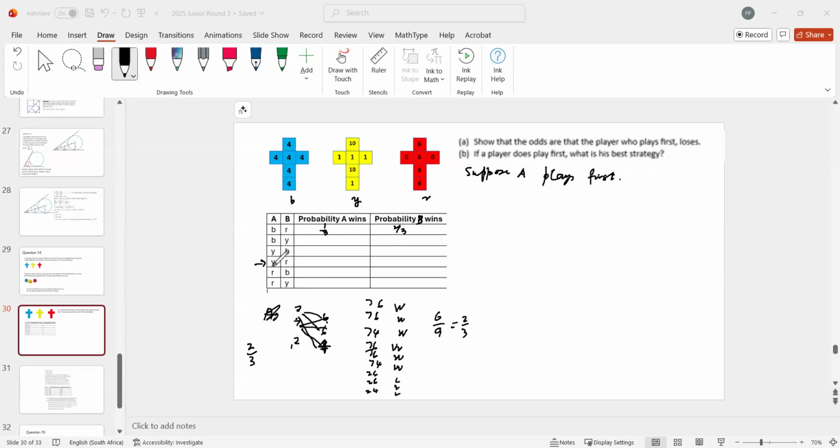What number shall I put here? The Y, suppose A plays Y.